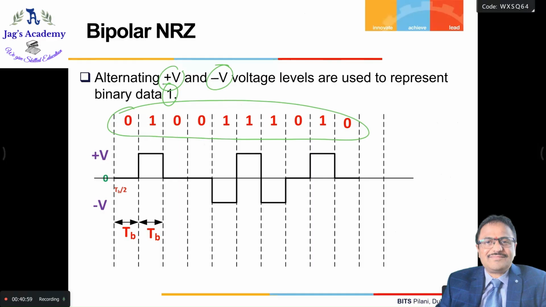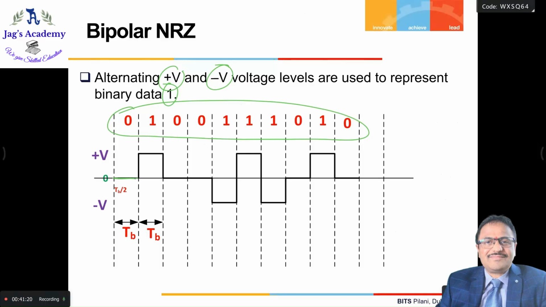See here how exactly it works. Now, 0 is always 0, okay? It's 0 level, a ground level, always fixed, no change. But 1 is represented by alternating plus V and minus V.